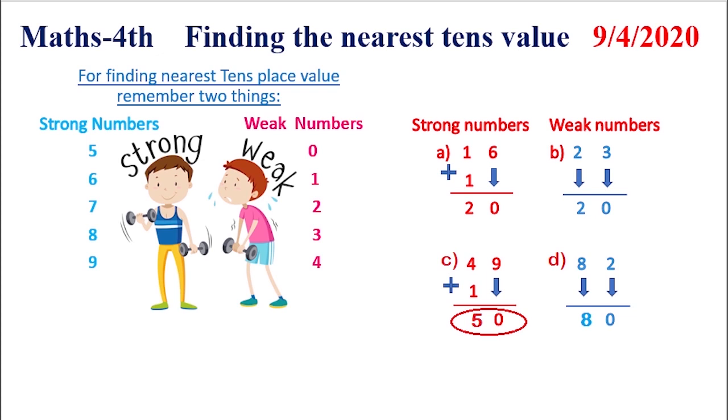If you don't have a strong number on the ones place, just write down that tens place number as it is. So you will get the answers. For number 49, 40 is the nearest tens. And for number 82, 80 is the nearest tens which we got.